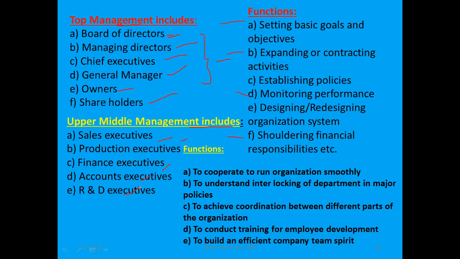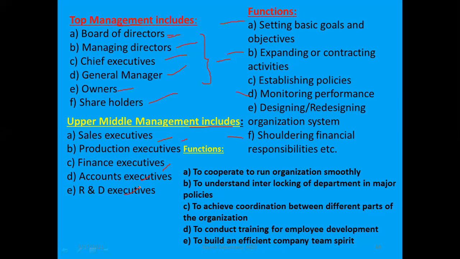What is the role of these persons and what are their functions? The role of each may not be exactly the same, but the functions of the upper middle level include the following.